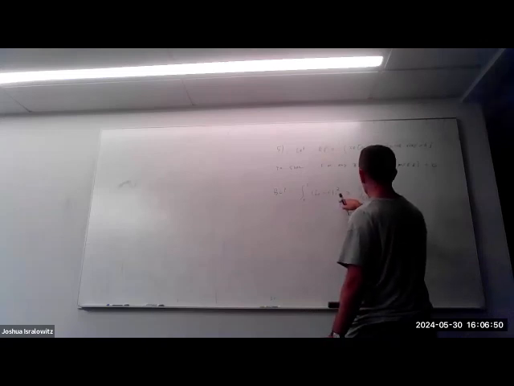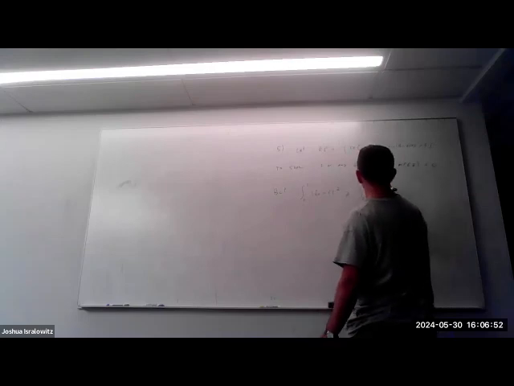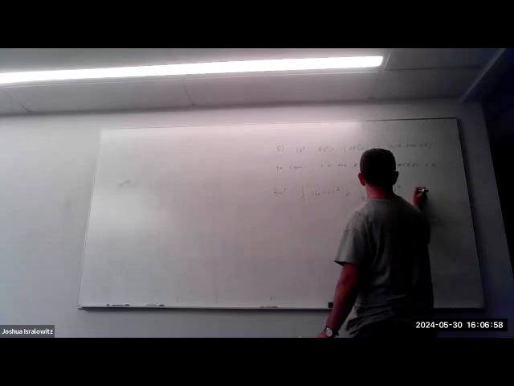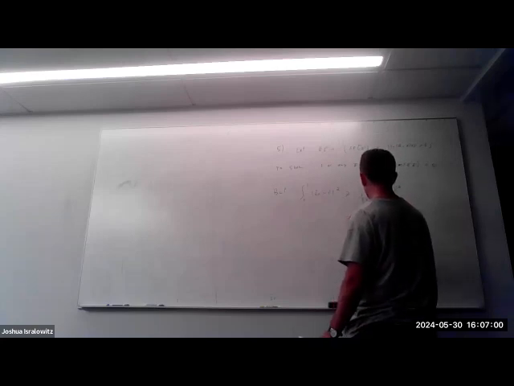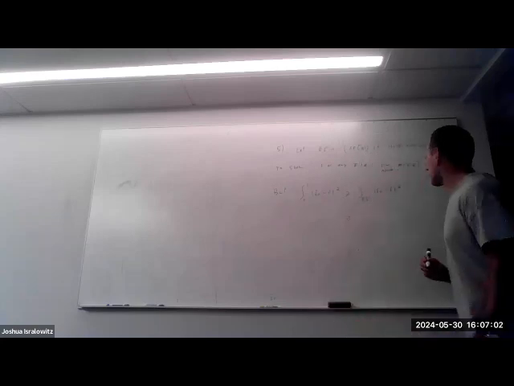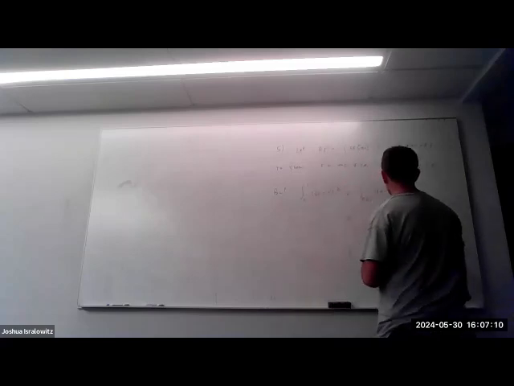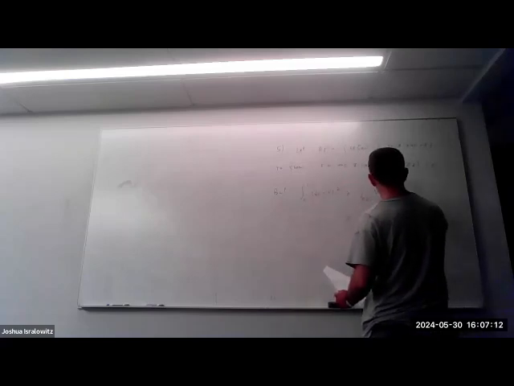So instead of integrating from 0 to 1, it's integrating over the set E delta. But this is bigger or equal to delta on the set here, so it's delta squared.